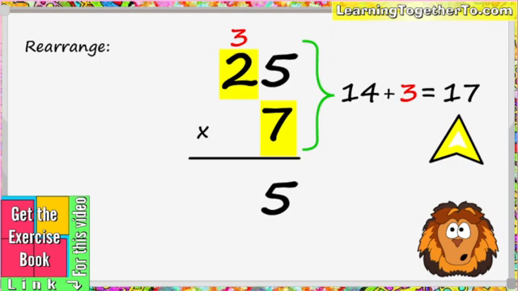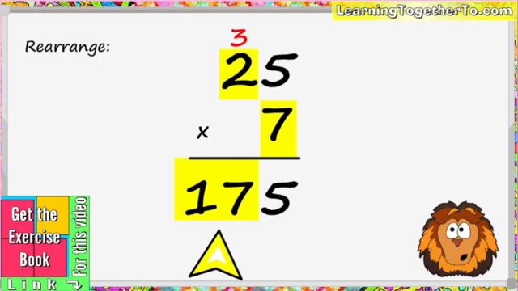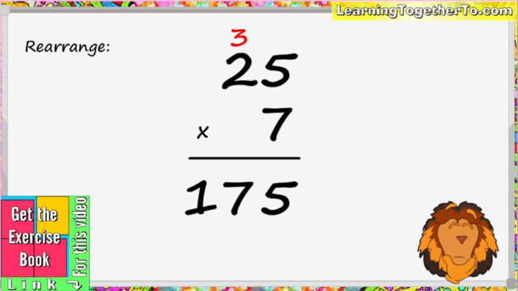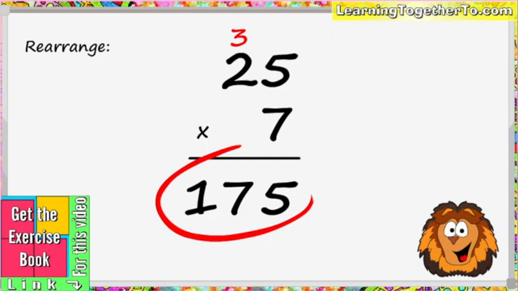Look, Eric, another two-digit result. Since there's nothing else to multiply the 7 by, we write our result below the line, lined up with the 2. Our answer is 175. Well done, Eric. Let's try it again.